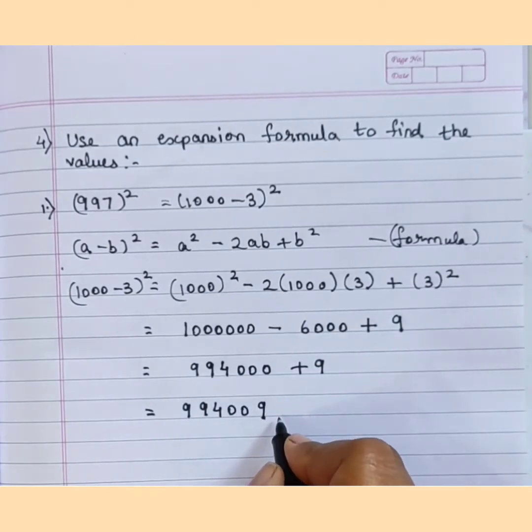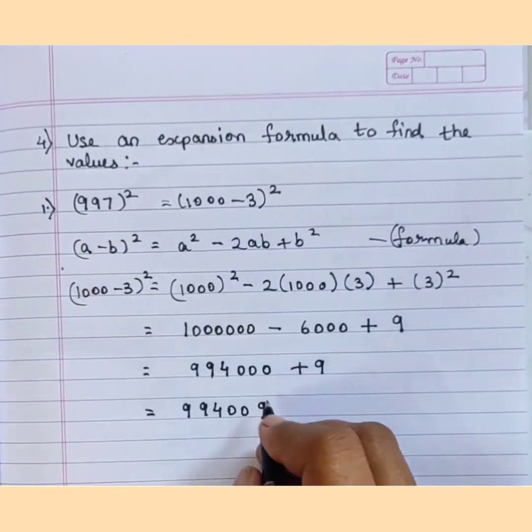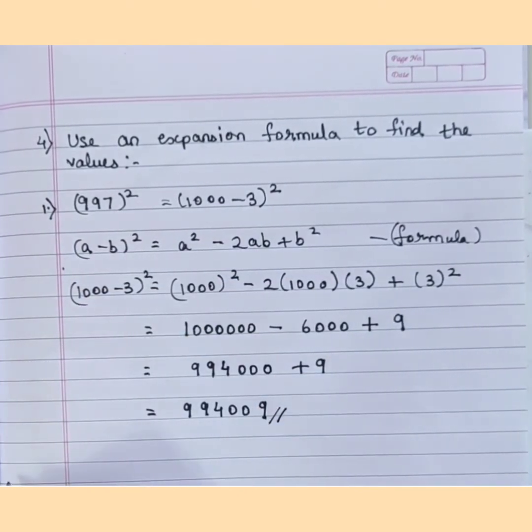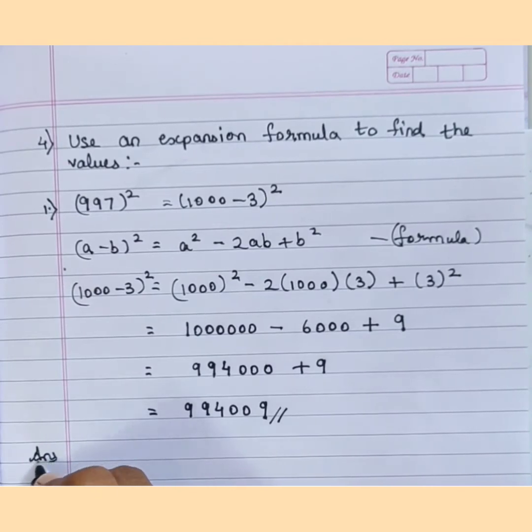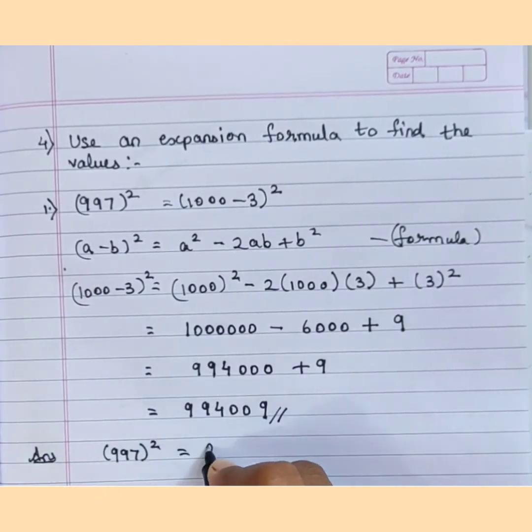So we got the answer, or you can say we got the value for the number 997. Okay, so our final answer is 997 the whole square is equal to 9,94,009.